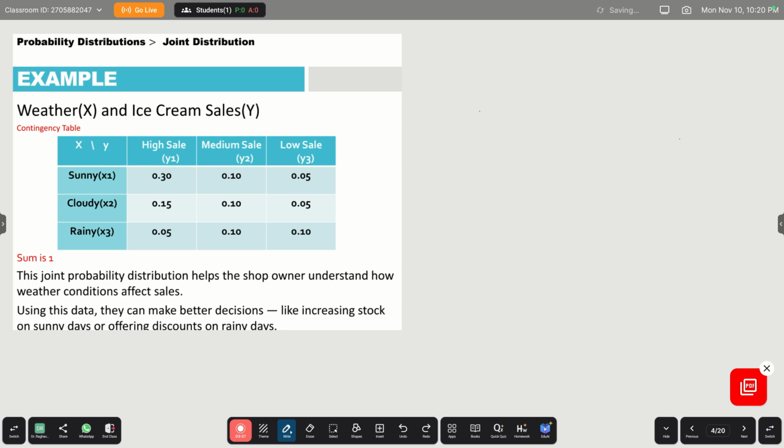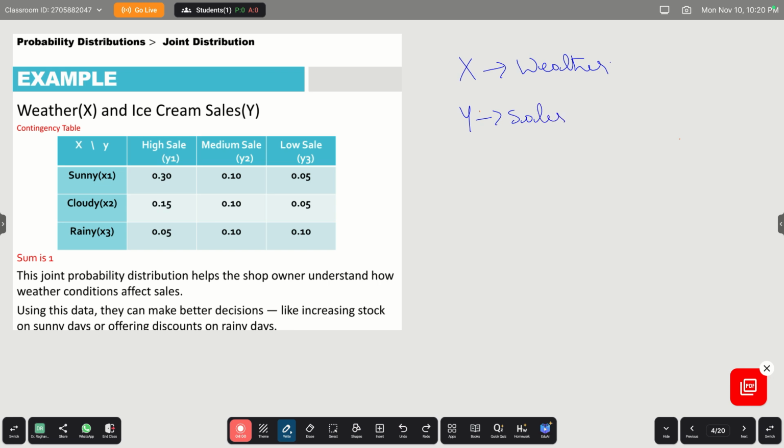Let us take an example. Suppose a shop owner wants to understand his ice cream sales in different weather conditions. He has to consider two variables, one for weather and the other for sales.